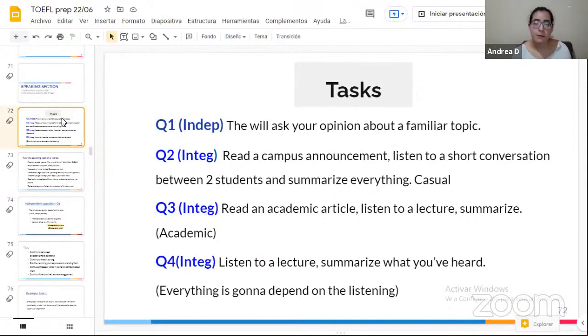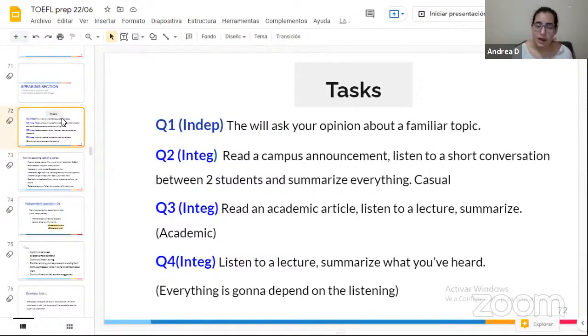That used to be the previous speaking section, from the previous test. But starting August 2018, I think, they updated the test, and now you only get 4 tasks, which is a good idea.